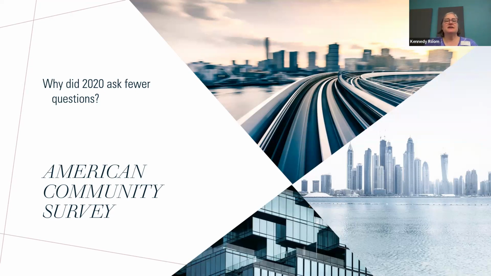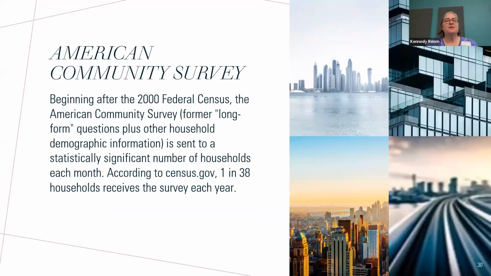Well, there's this thing called the American Community Survey. And beginning after the 2000 federal census, the American Community Survey took the place of these long form questions. So all of these supplementary questions that they started in 1940, 1950 continue through 2000. That some people get a long form questionnaire and some people just get the basics.